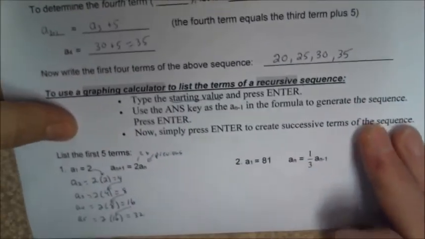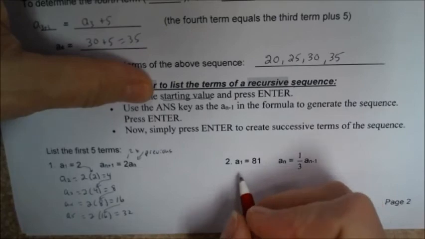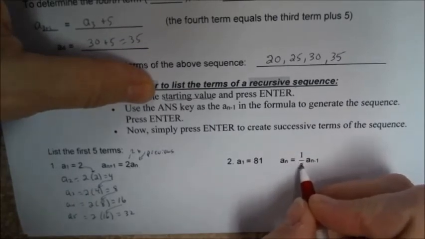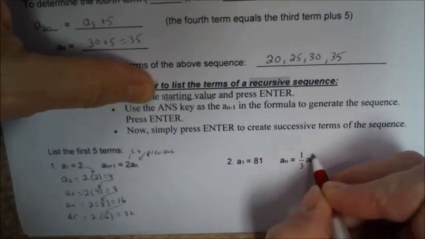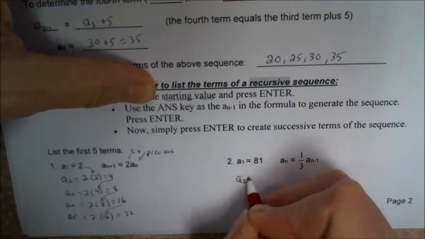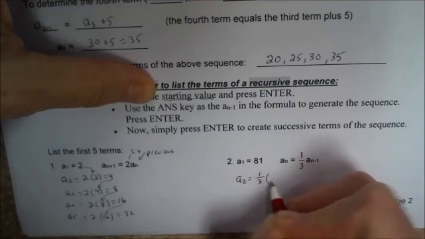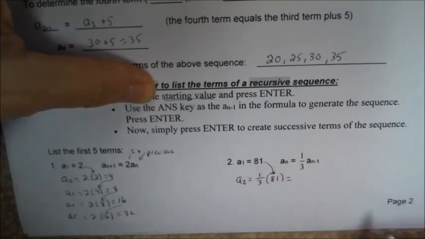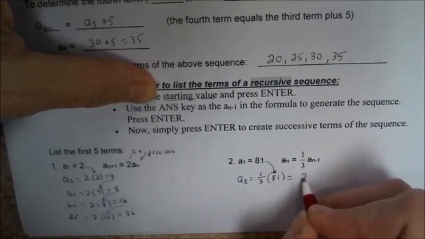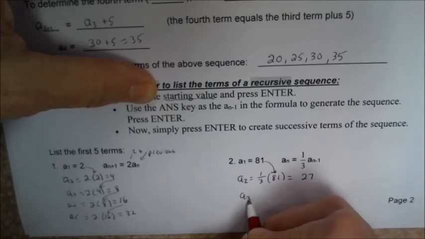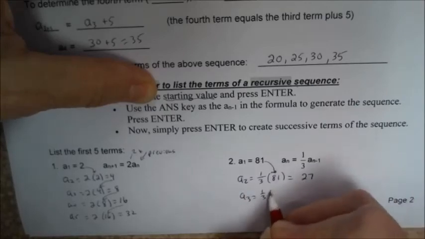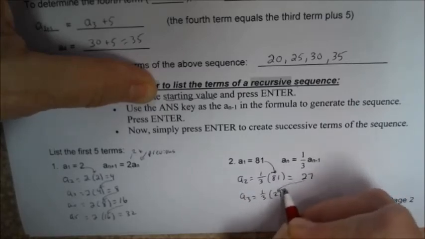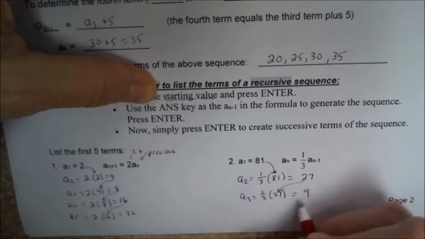And then this last example for the day, the first term is 81, and the next term is a third of the previous term. So the second term is a third of the previous term, which is 81. 1/3 of 81, I think, is 27. The third term is 1/3 of the previous term, which is 9.